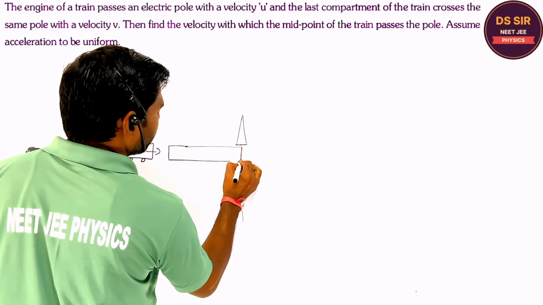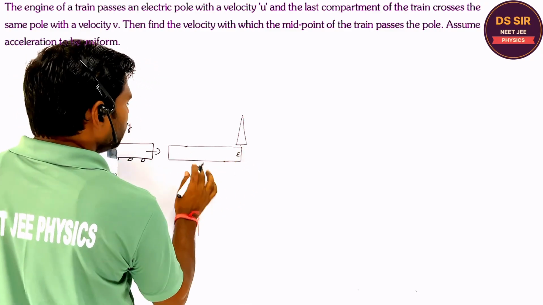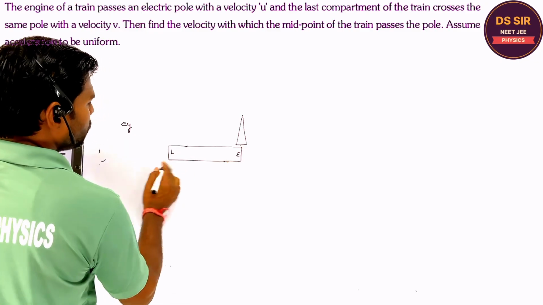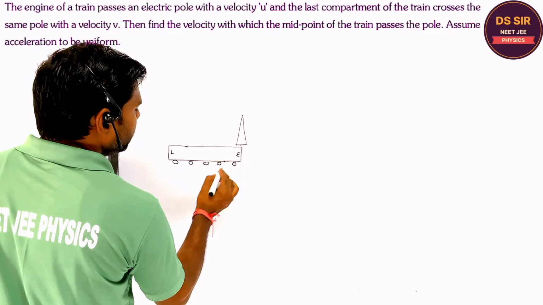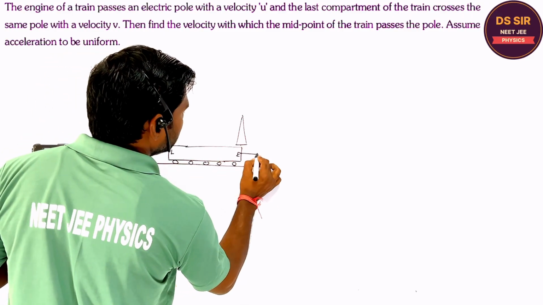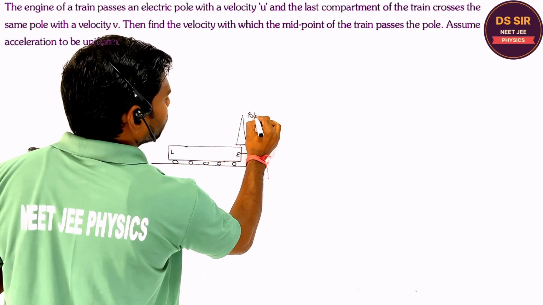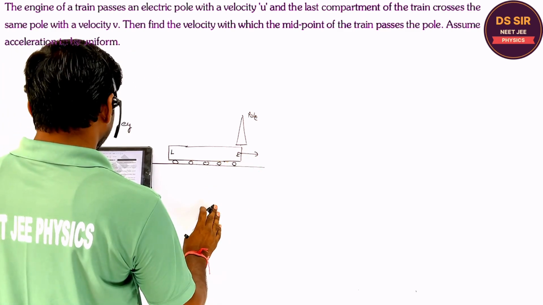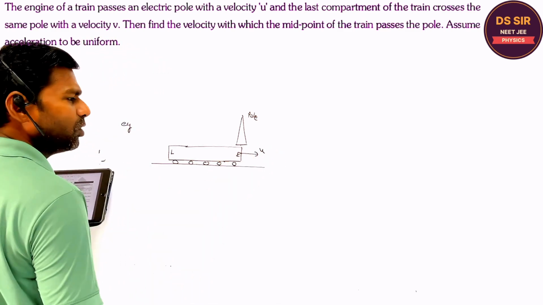This is the train, this is the engine, and this is the last compartment. So when the train reaches this point, this is the pole. Fine. What is the speed at this point? Say u. Are you getting or not?